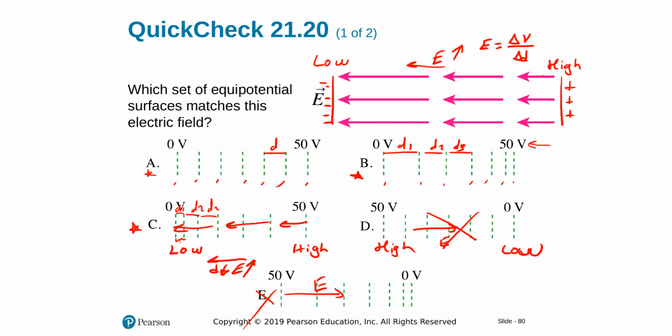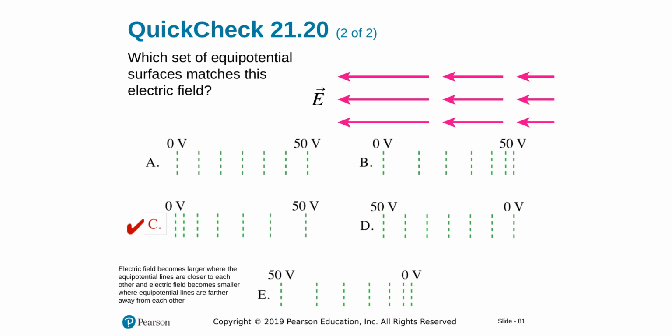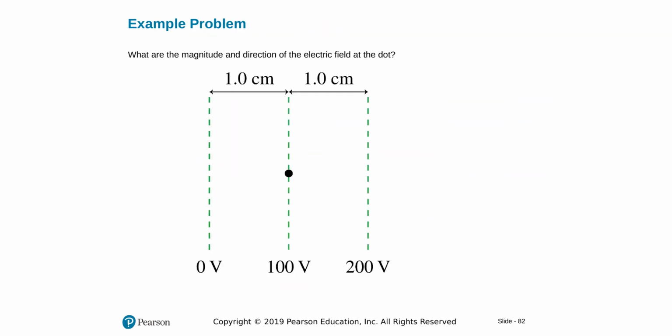This is my electric field here. This is equipotential line 0, 100, 200, finding the electric field here. I'll leave this to you, but you'll find that delta V and you'll find that delta D overall in the center. Delta D, or let's call this D. E is equal to delta V over D. So 200, right?